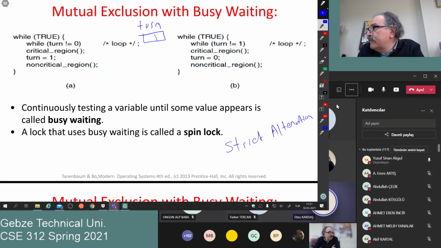Sir, process 1 is being blocked by a process not in its critical region, so rule 3 is violated.